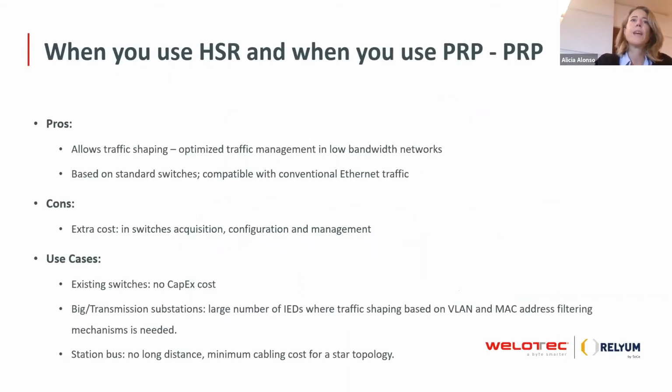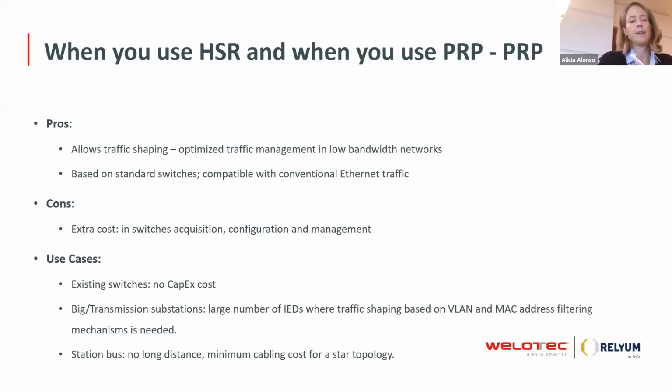So next, after reviewing these first initial concepts about PRP and HSR, let's see which are the most suitable applications for using PRP and using HSR. I will start with PRP, and for a better understanding of which are the most suitable applications, I will review the pros and the cons of this technology. So starting with PRP, the PRP topology is based on implementing two standard networks.